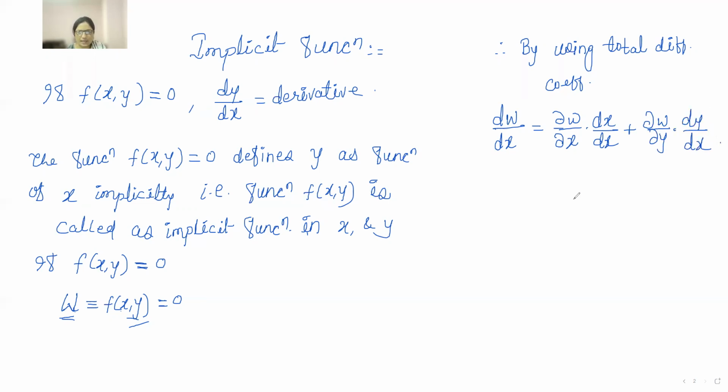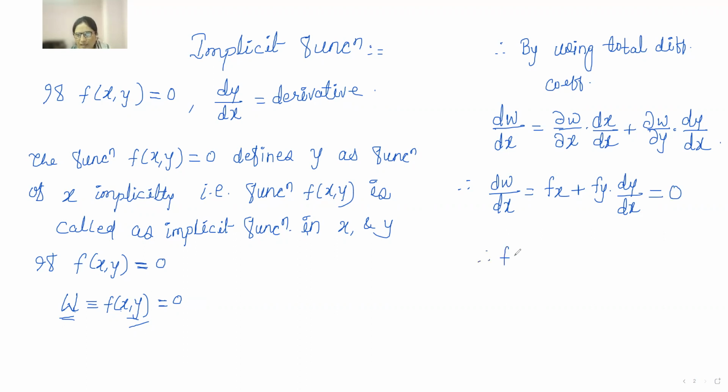Therefore, by total differential coefficient, dw by dx is equal to, here this term dx by dx is 1, and ∂w/∂x is nothing but fx, because w is a function of x and y. So fx plus ∂w/∂y, considered as fy, into dy by dx, is equal to 0.